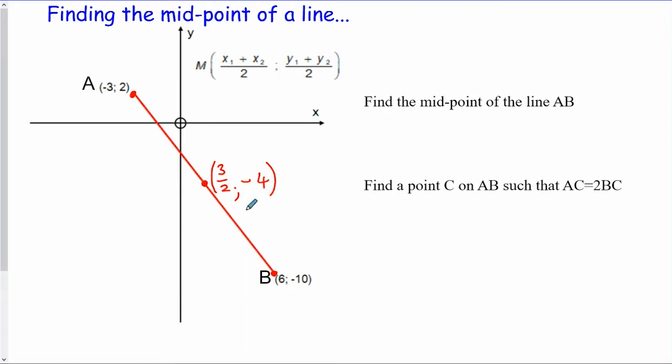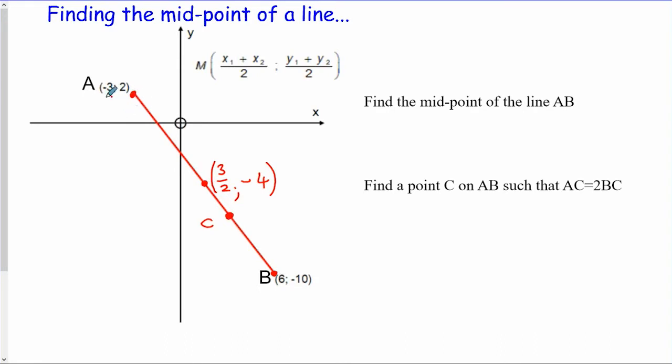The reason I think that's a more useful way of visualizing this is that if we were asked, for example, to find a point C on AB such that AC is twice as long as BC. In other words, we want a point in here, C, so that this length is twice as long as that length. What that's going to require is that we come 2/3 of the way along.